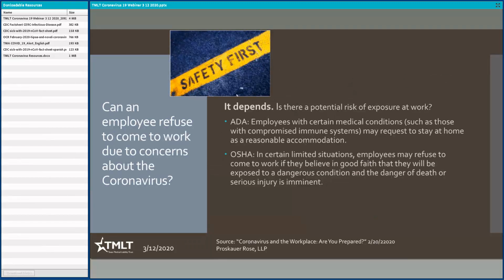You can adopt a policy that all employees with a potentially contagious illness must not come to work. You can require employees to stay home for 14 days after possible exposure. And you can require a medical release to have the employee return to work.